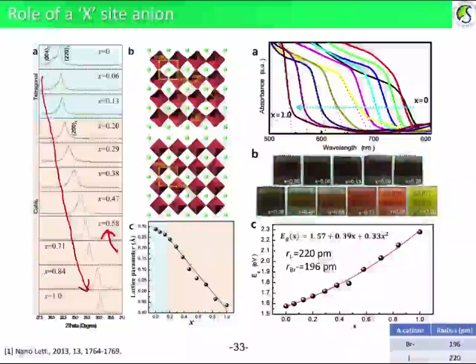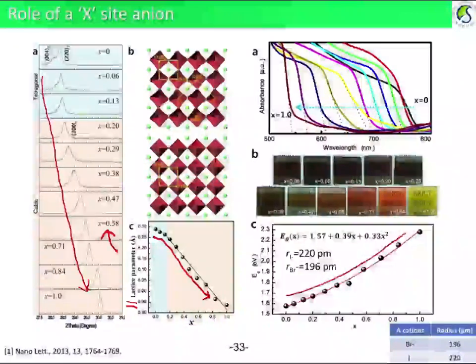So the calculated lattice parameter decreases as we increase the bromide content. And as we decrease the lattice parameter, you can see that the band gap of the film gradually increases. So the color of the film is changed.